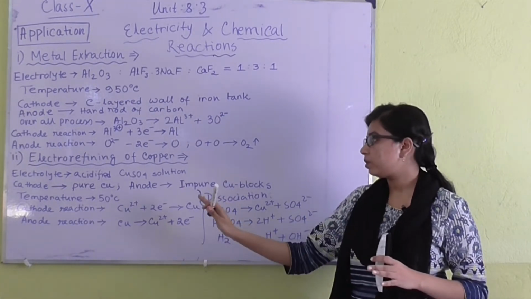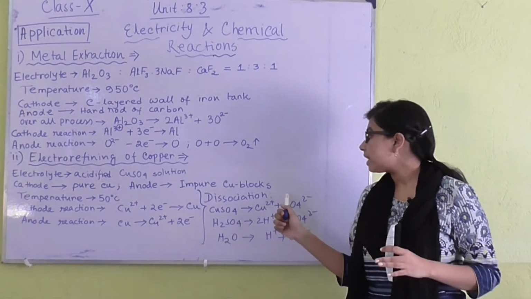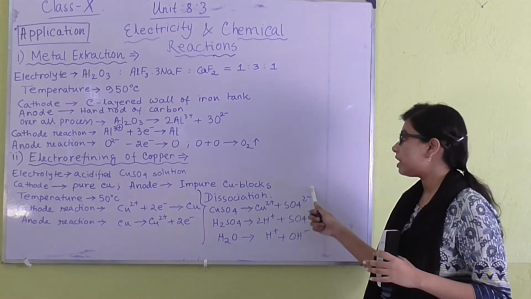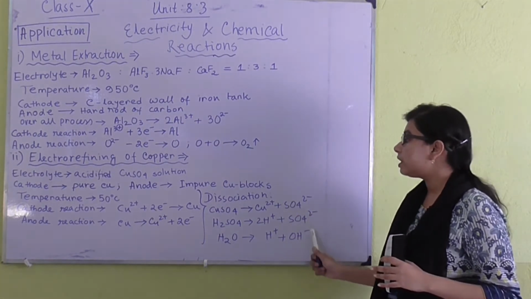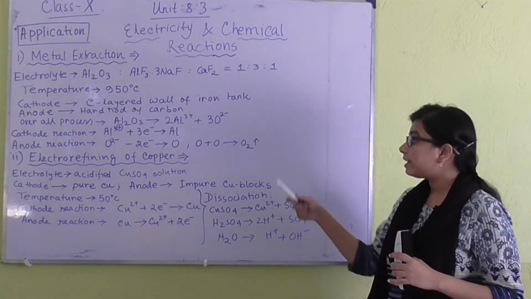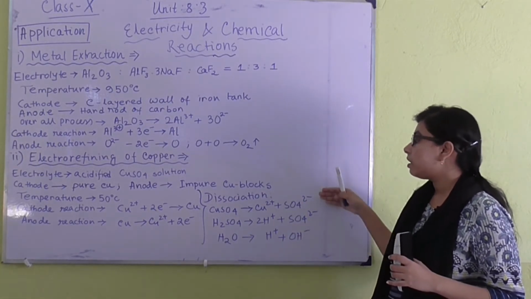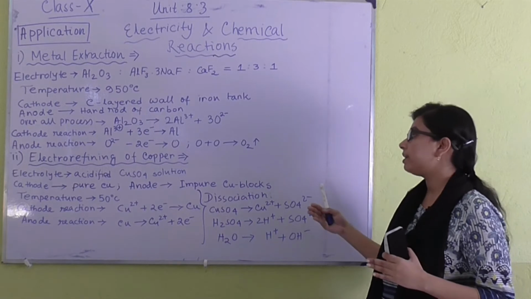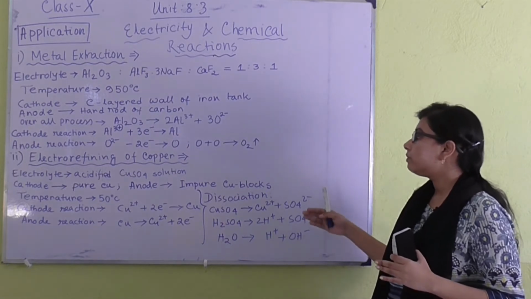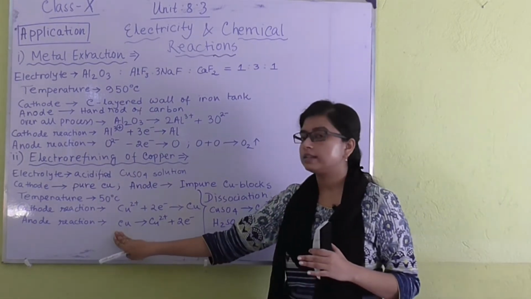Okay, and we have two types of anions also. One is sulfate anion, another one is hydroxyl anion. But like the previous case, both the anions have a higher ionization potential value than the copper metal itself.